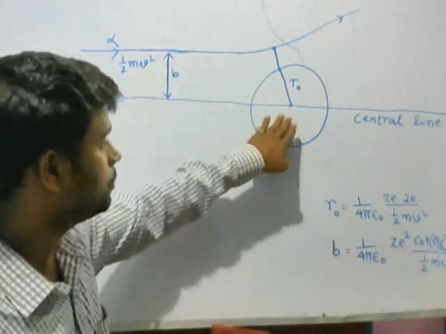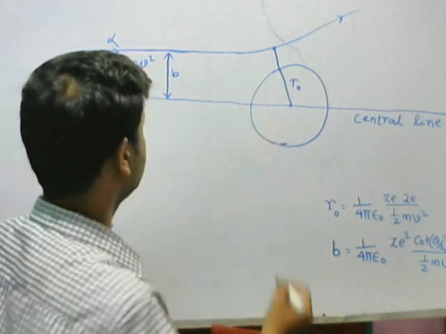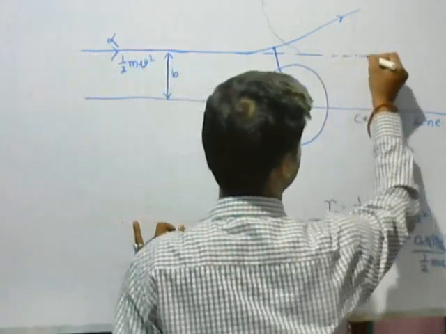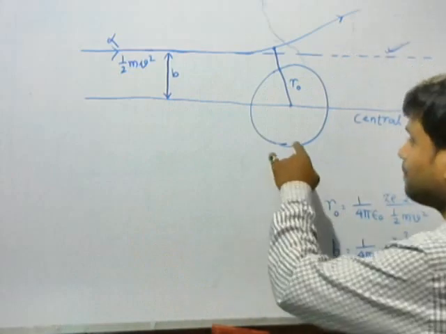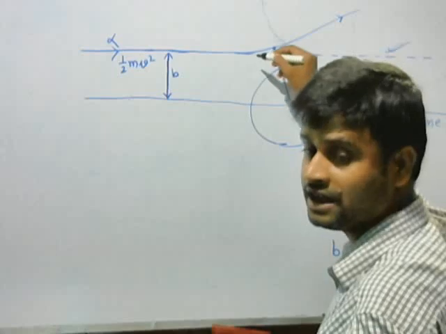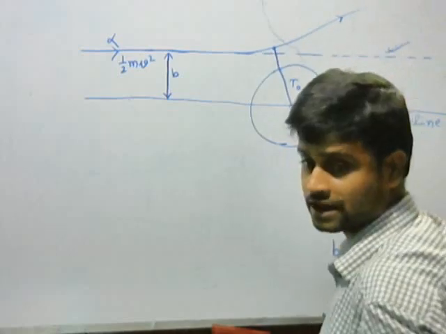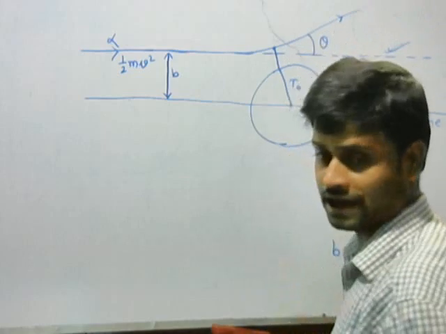Suppose the nucleus is not present at this position, then the alpha particle will move like this. This is the original path of the alpha particle. Due to the presence of this nucleus, the alpha particle is deviated from its original path and moves in this direction, as a result of which the angle of deviation becomes theta.